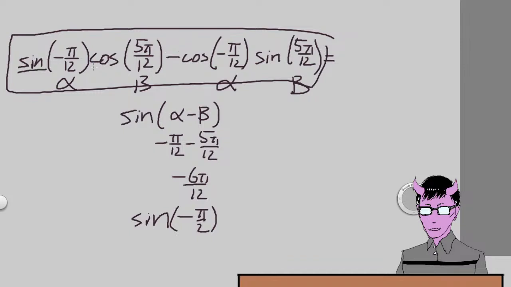We have the alternation of trig. The cosine is not with the cosine there, so we know this is going to be some sort of variation of a sine function. So this is going to be a minus between the two angles, and since this one matches this and that matches that, everything is perfectly lined up.